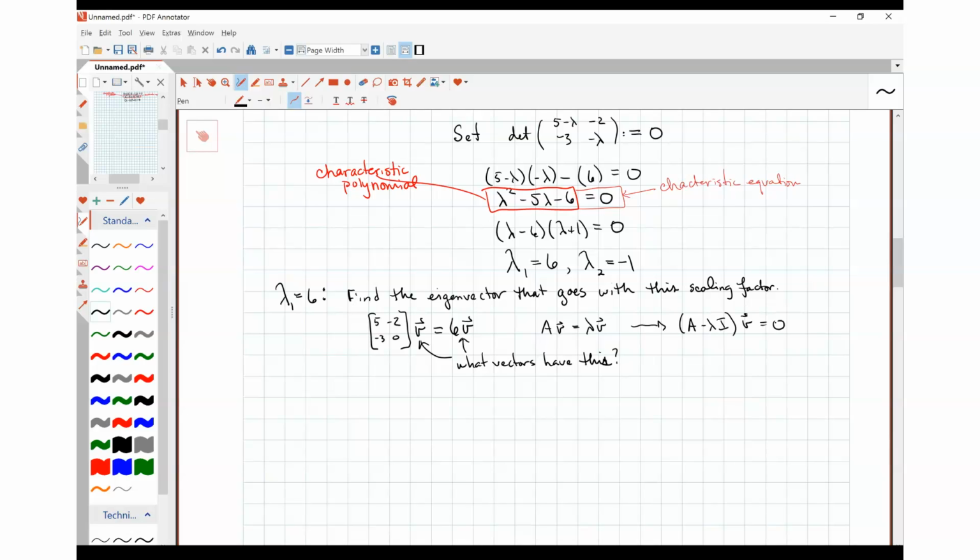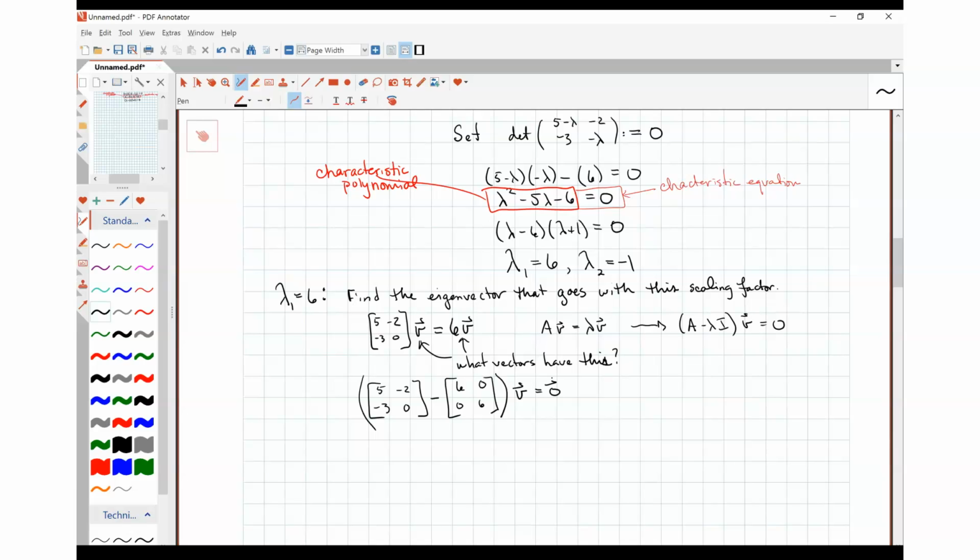If we do that, we're going to have the matrix 5, -2, -3, 0 minus lambda I. Let's see, lambda is 6. So it'll be 6, 0, 0, 6, which is lambda I, times v equals 0, right?